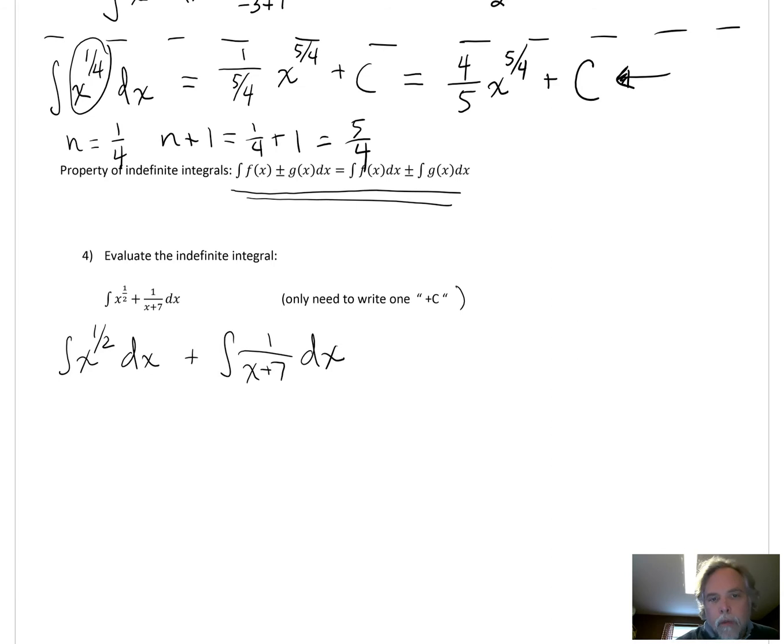The integral of x to the 1/2 is much like what we did up here a minute ago with x to the 1/4. So I'm going to do scratch work off to the side here. For that part of this problem, n is equal to 1/2. And we know we're concerned with n plus 1, which is 1/2 plus 2 over 2, which is 3/2. So let's go ahead and apply the rule, keeping this in mind. n plus 1 is 3/2.